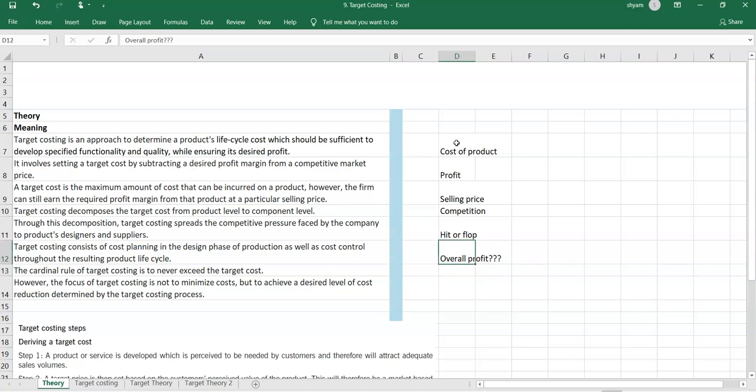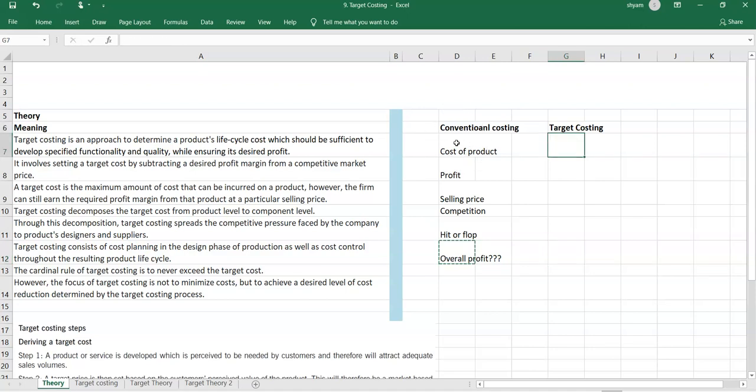So this is a conventional costing. This is how companies normally do it. To overcome this, the Japanese found another method called target costing. Here, they first try to find out what overall profitability they want. They start with this kind of a question.